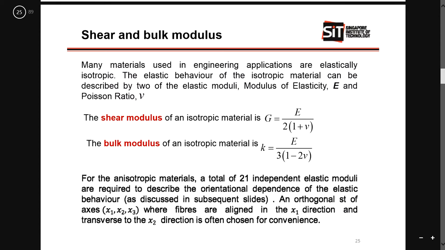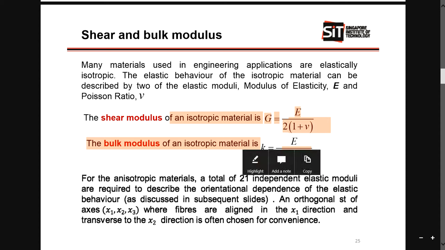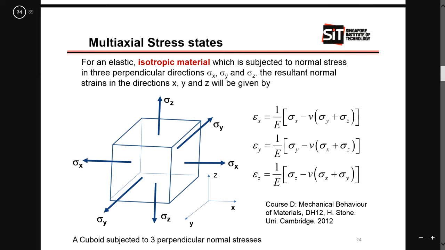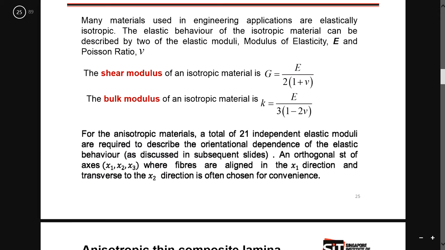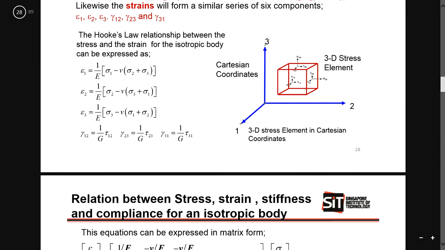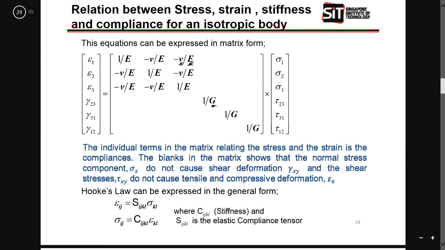For an isotropic material, these are all your shear modulus and your bulk modulus if needed. And for isotropic, this is the strain equations, and this is how you put it in the matrix over there. But at least you get to know everything already in this section.